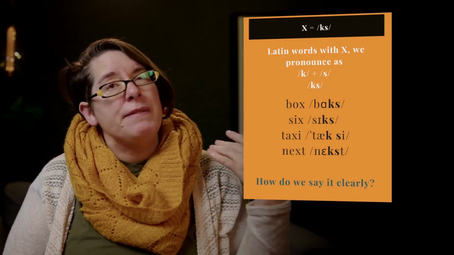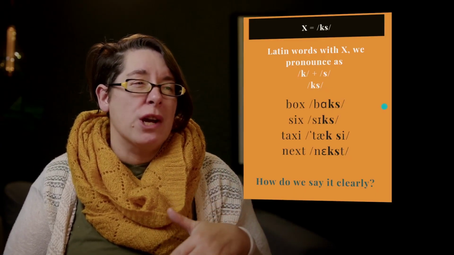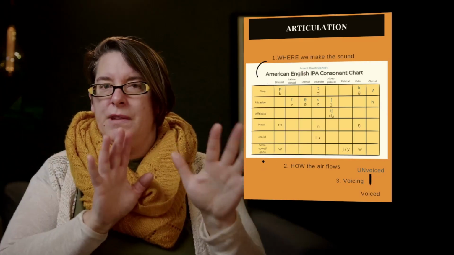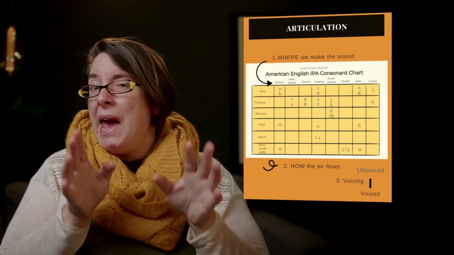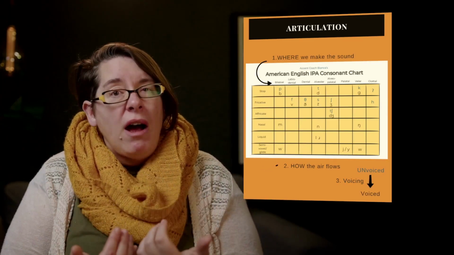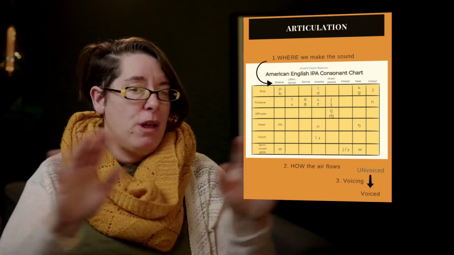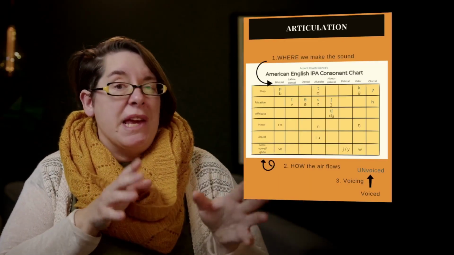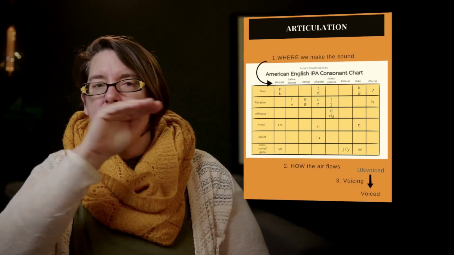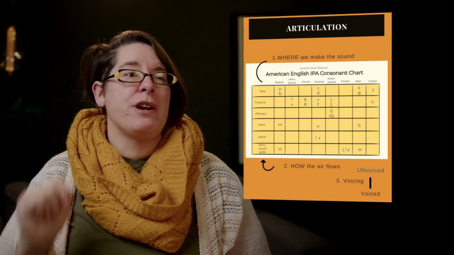But hold on, because if it's 2 sounds, let's really think about what our tongue is doing. So if you've never seen this before, this is an IPA, International Phonetic Alphabet, consonant chart. And I took out all the other sounds in all the other languages, and I'm just leaving the English sounds. So along the top is where you're going to make the sound.